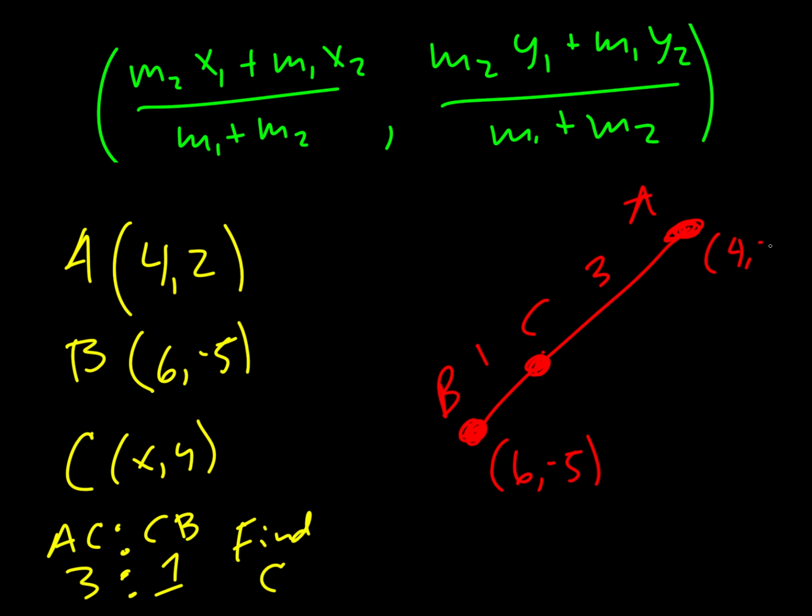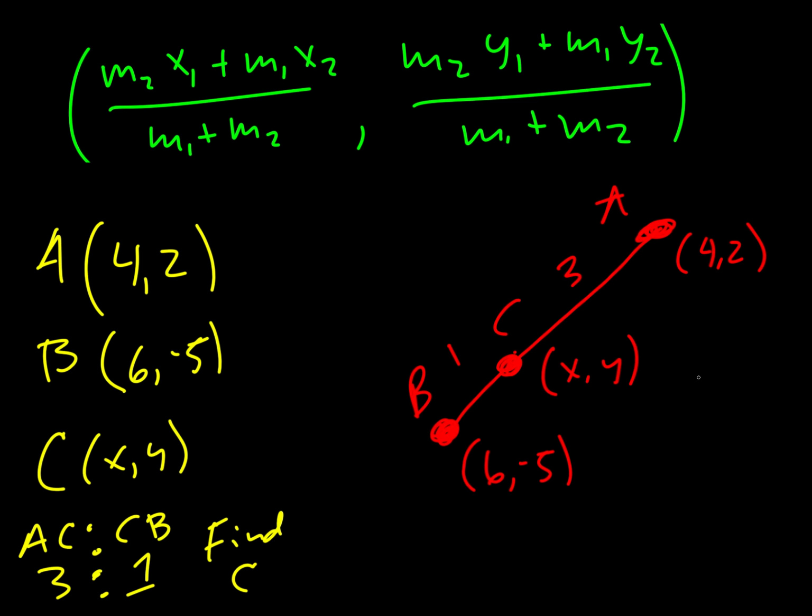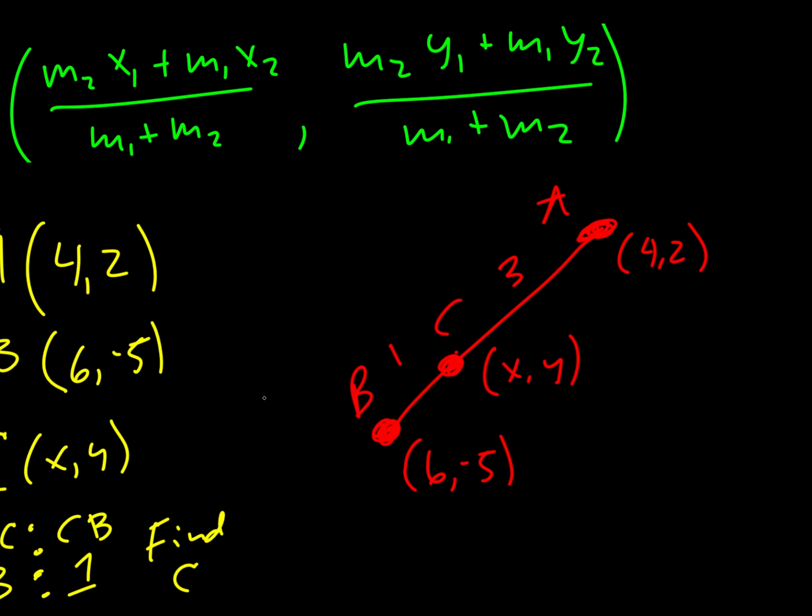This is 4, 2. Then we want to know x, y, which is right there. Now we just plug this in. So this is our M1, M2, X1, Y1, X2, Y2.